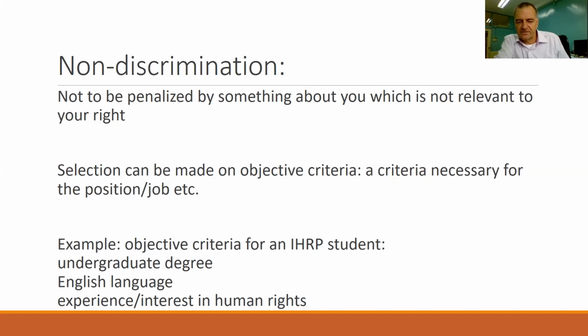For example, as I've already mentioned, the objective criteria for being an IHRP student are an undergraduate degree, the English language for the English language masters, or the Thai language for the Thai language masters, and then your experience or interest in human rights, because it just means that we're going to pick students who are the most relevant or who are going to get value out of the course.